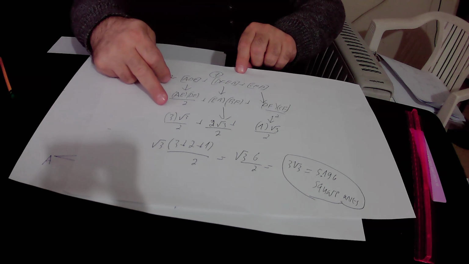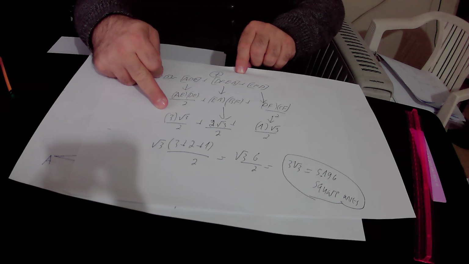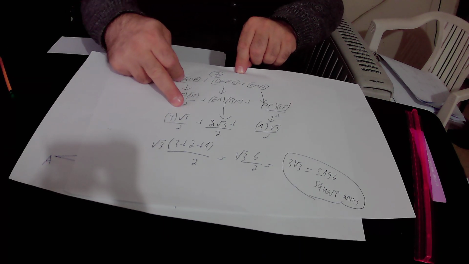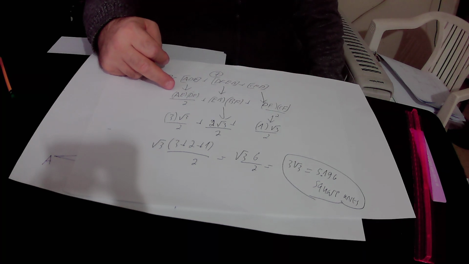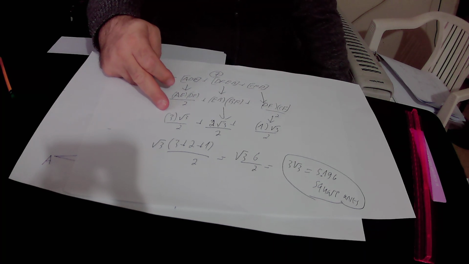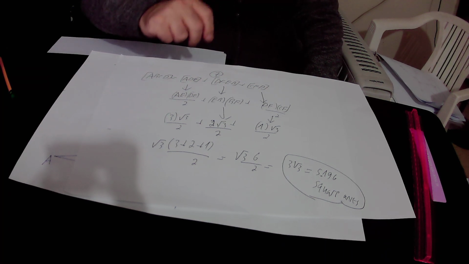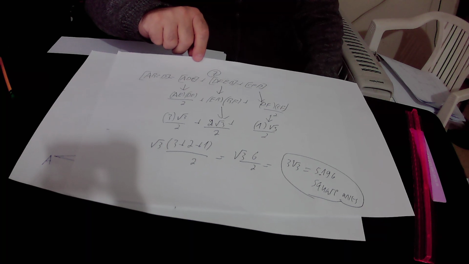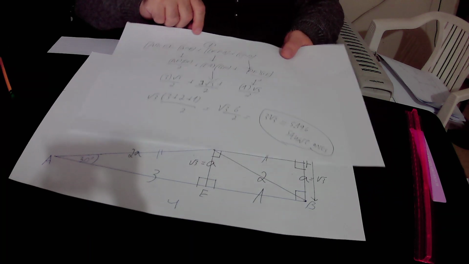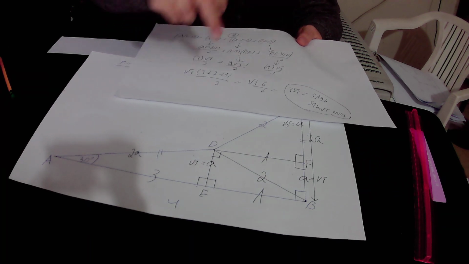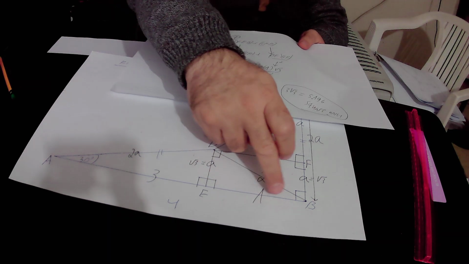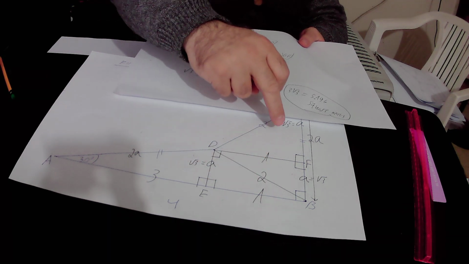AE is 3, DE is square root of 3, so the area of triangle ADE is square root of 3 times 3 over 2. The area of rectangle DFEB equals the length of the rectangle times the width.